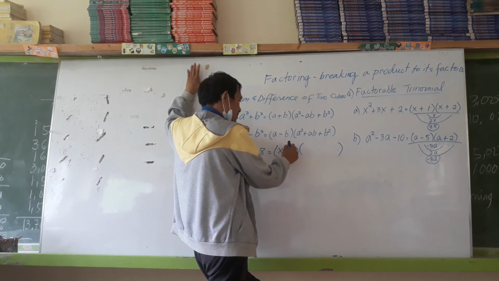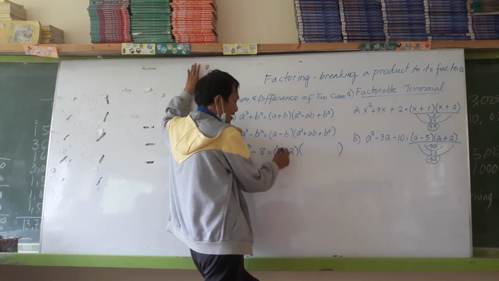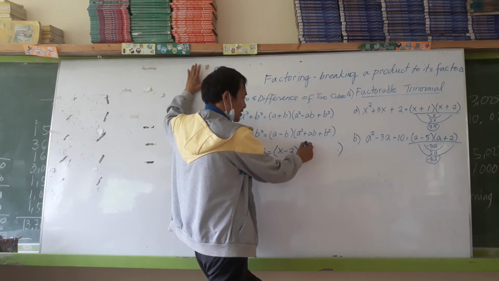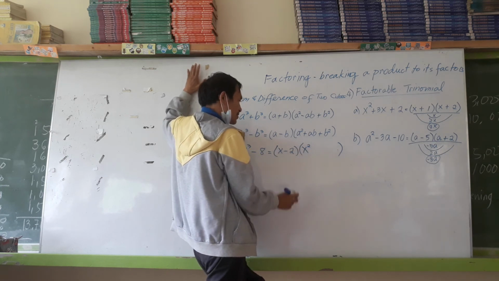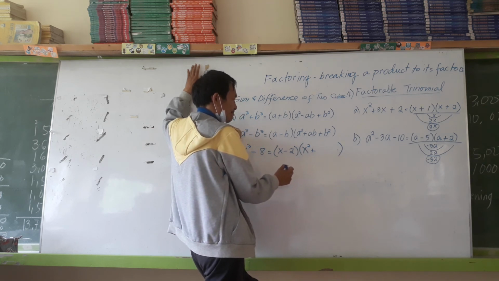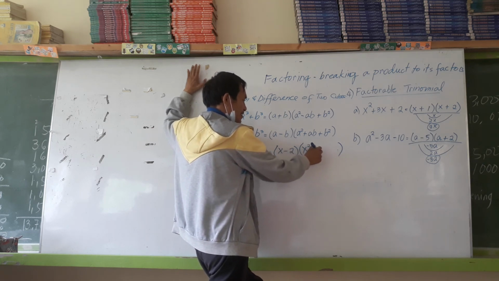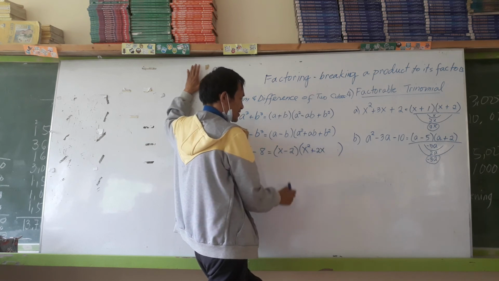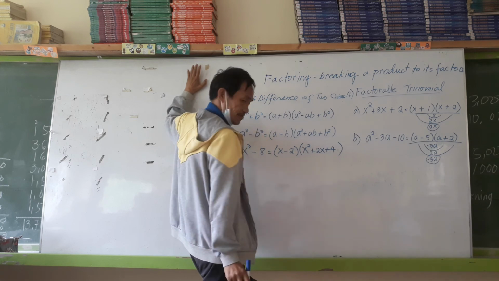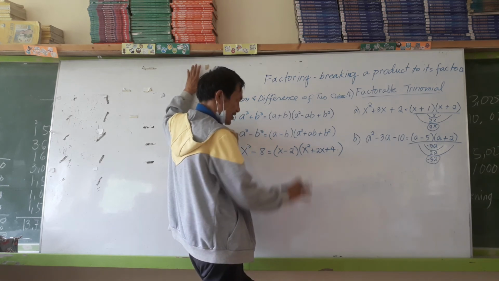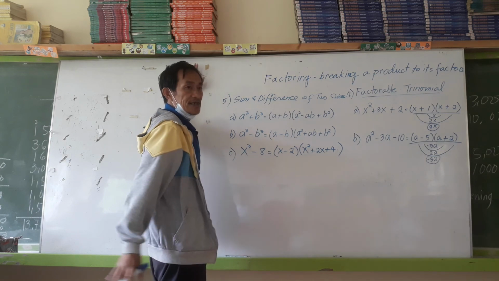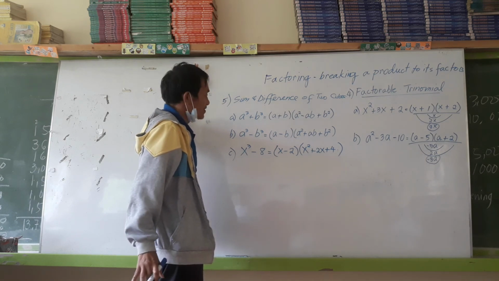Cube root of 8, that is 2. Let us follow the sign, that is minus. You square this first term, x squared, plus. You multiply, that is 2 and x, 2x. Square the last term, that will be 4. Okay? So these are the factors of this difference of two cubes.